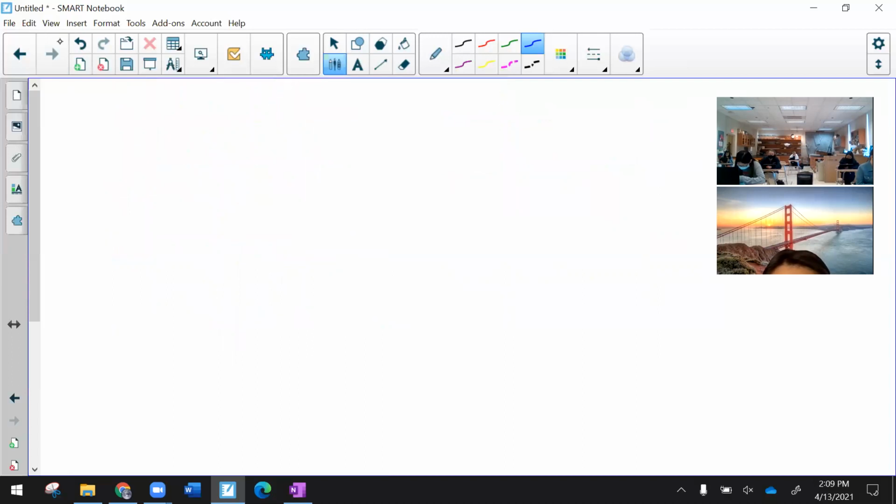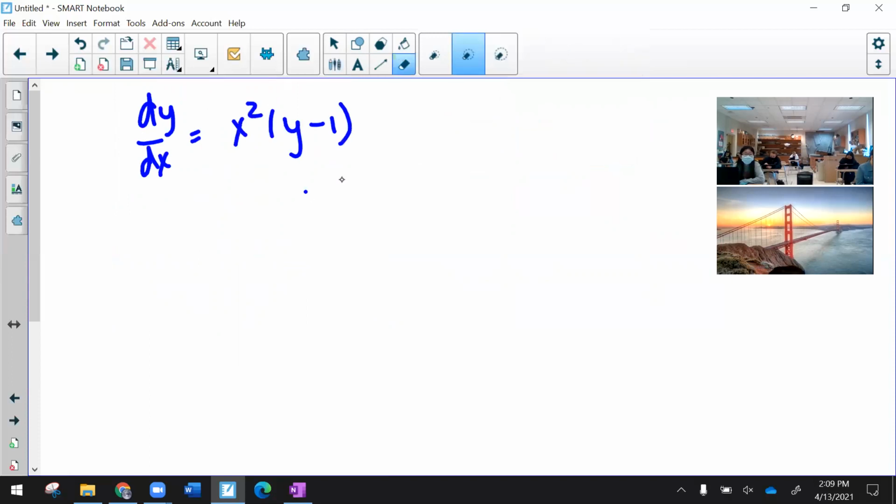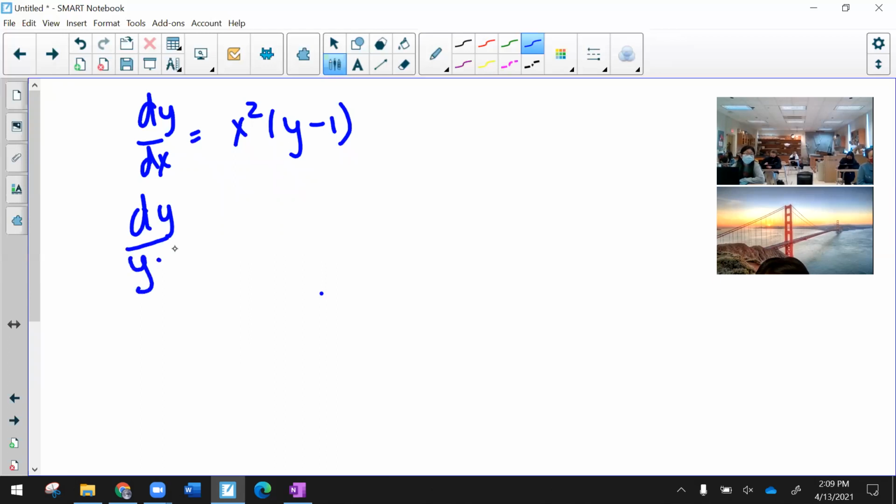So my differential equation is dy dx is equal to x squared times y minus 1. So what I do is I get all my y's over on the same side as my dy, and I get all my x's on the same side as my dx. And then I integrate.